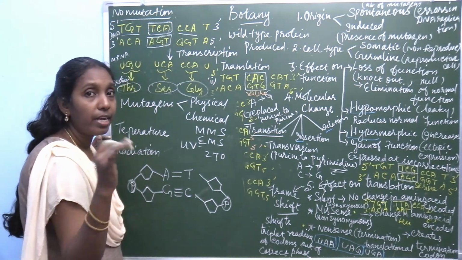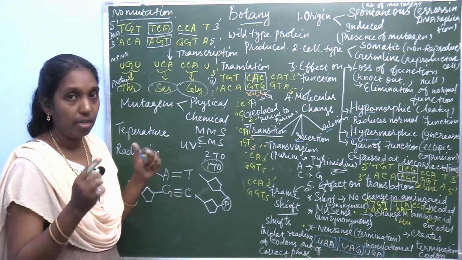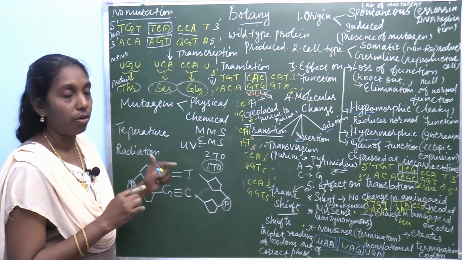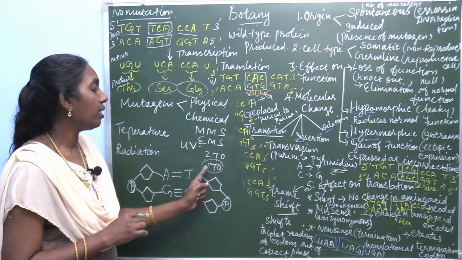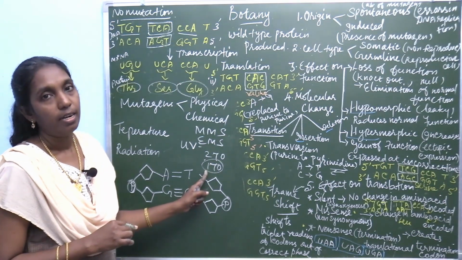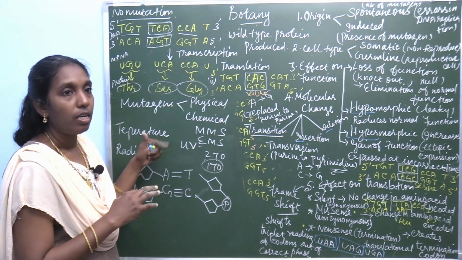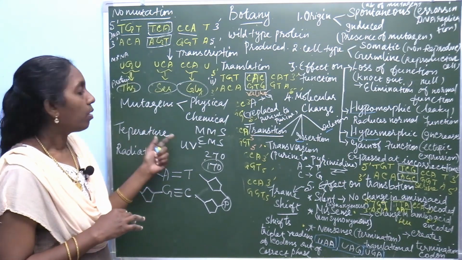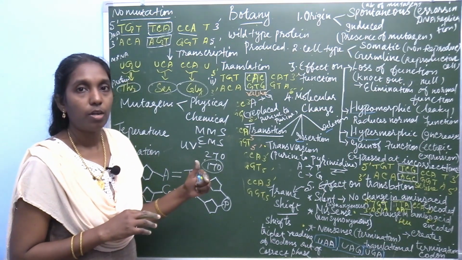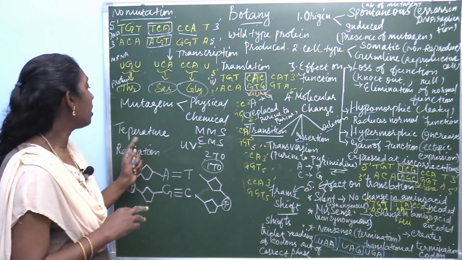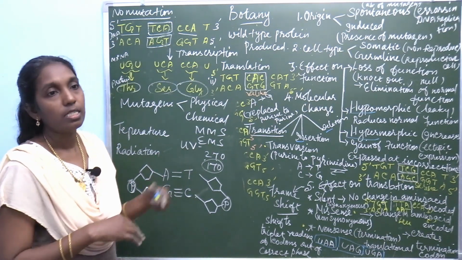It is a mutated variety. These two examples, the wheat Charbadi Sonora and castor Aruna, are examples of physical mutagenic agents.